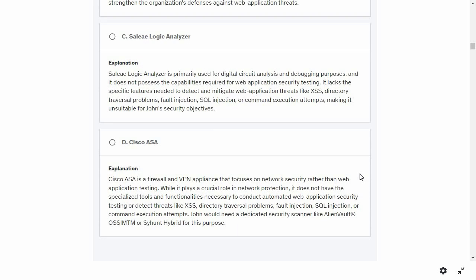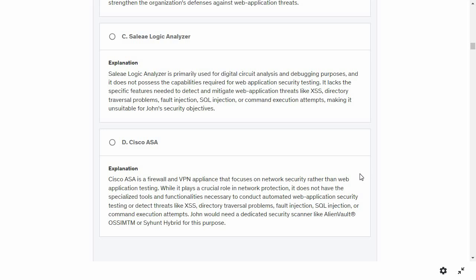Sali Logic Analyzer is primarily used for digital circuit analysis and debugging purposes, and it does not possess the capability required for web application security testing.